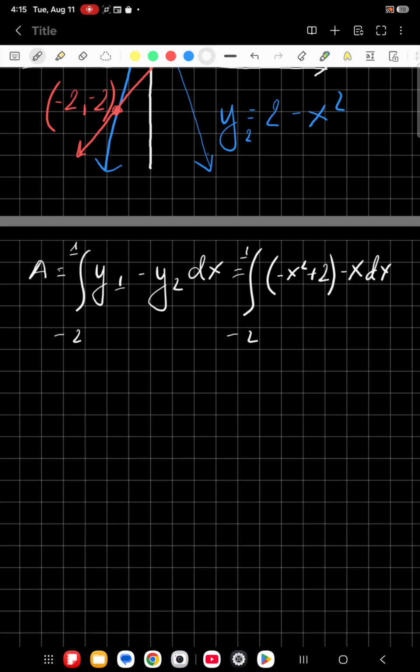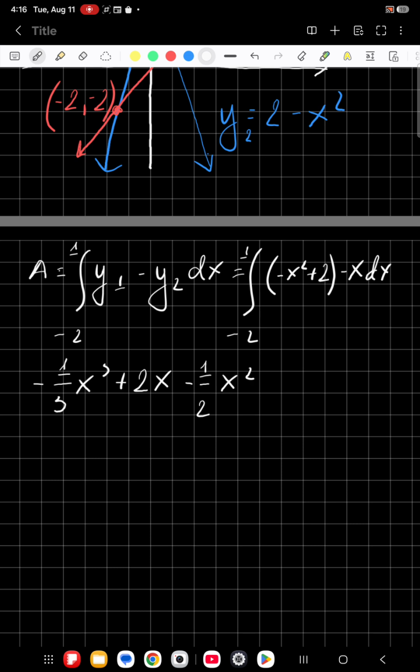So we take the integral of both of those functions. For the first one, it's going to be -1/3 x cubed. I hope you're getting comfortable with integrating. The integral of 2 is 2x, so plus 2x. The integral of -x is -1/2 x squared.